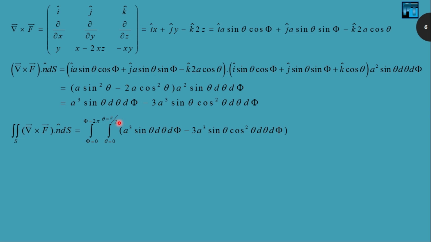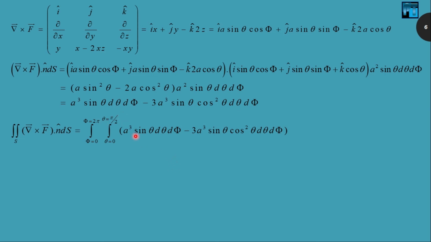For the half sphere, it is 0 to pi by 2. While dealing with cylindrical and spherical polar coordinates, be very cautious about the limits. Actually, for entire integrations, you have to be very cautious about the limits because they are the key vital points of your answer.